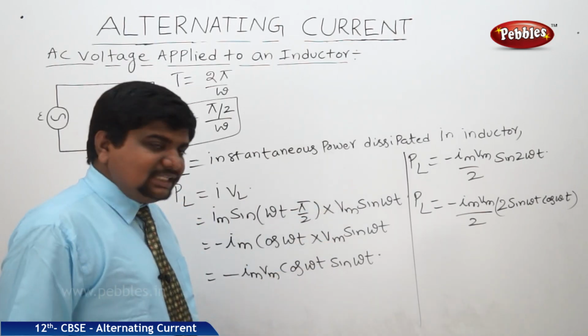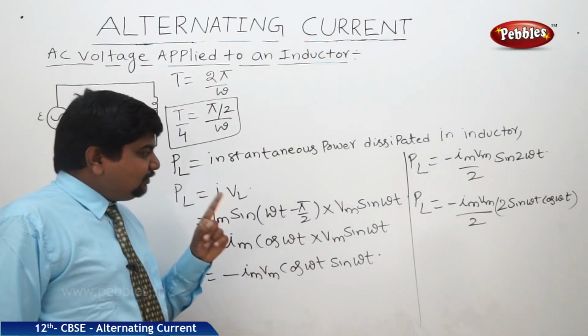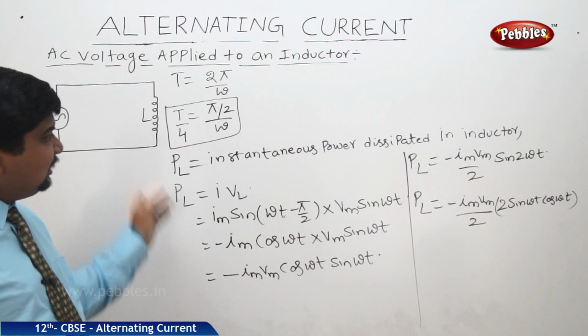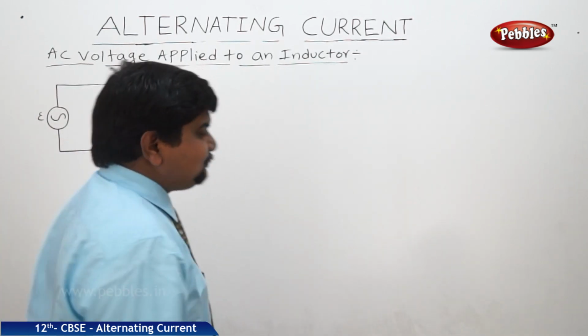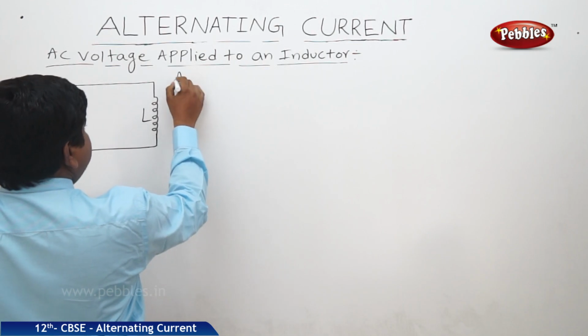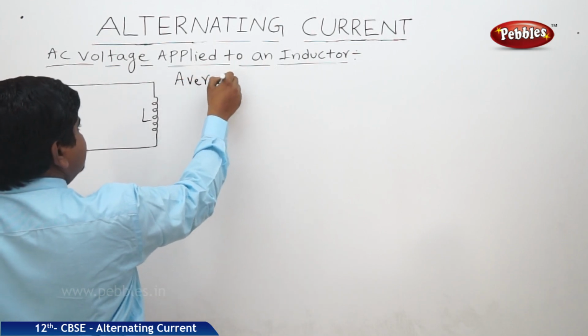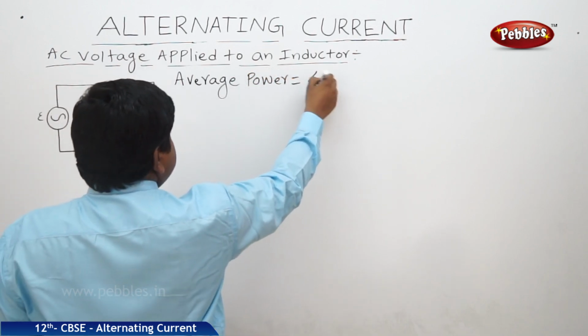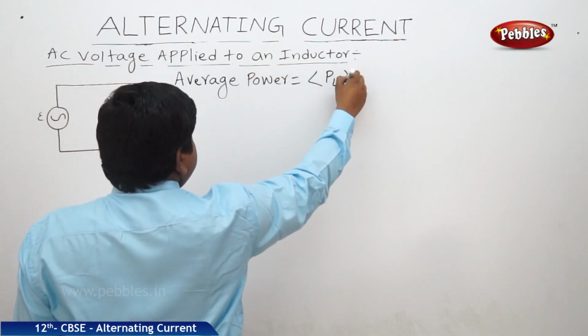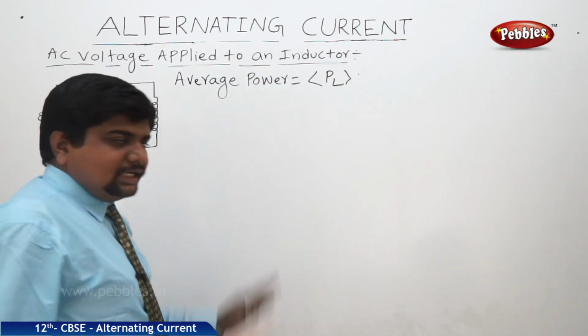Now we are going to see the average power consumption over a complete cycle when an AC current is passing through the inductor. Now we will see the average power. The symbol is like this. PL means average power through inductor.